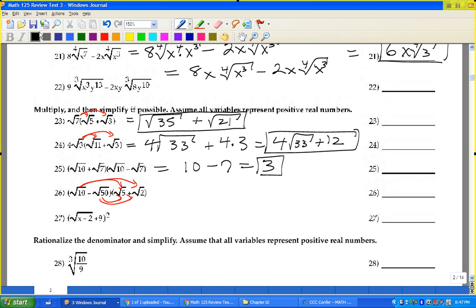And so rad 5 times rad 10 is rad, well, 10 times 5, 50. Rad 10 times 2 is rad 20. Negative rad 50 times rad 5.